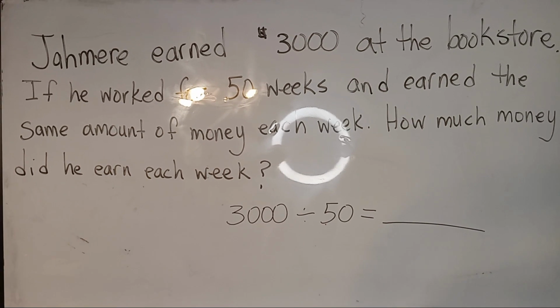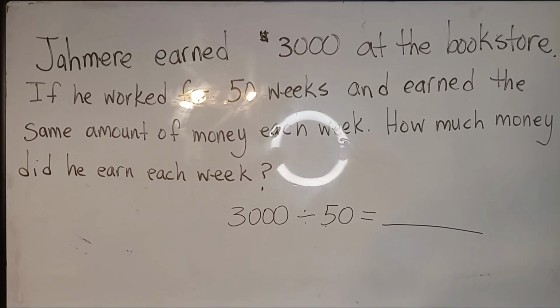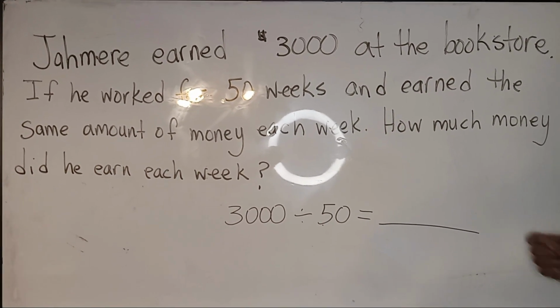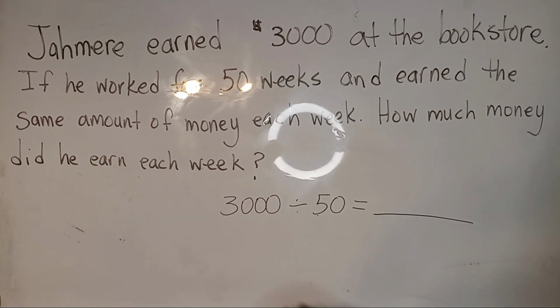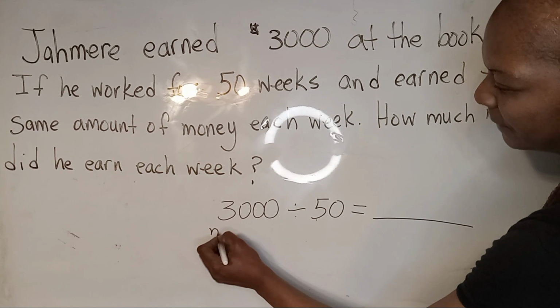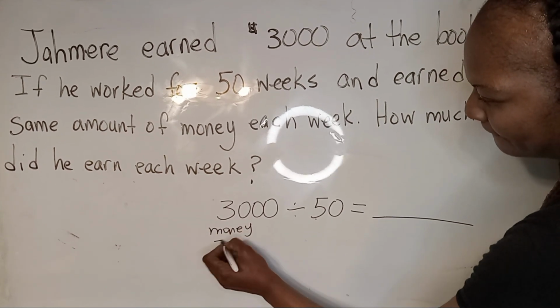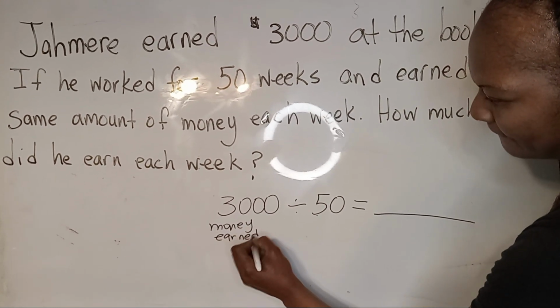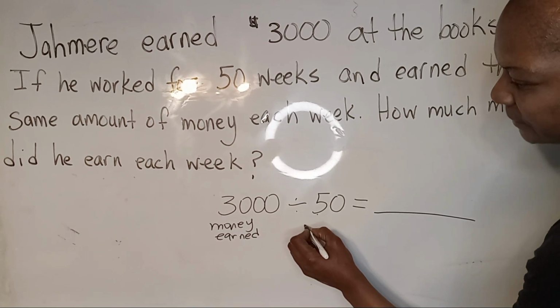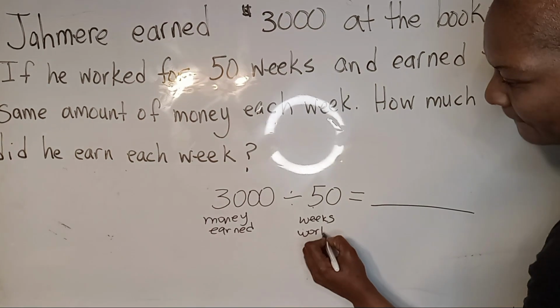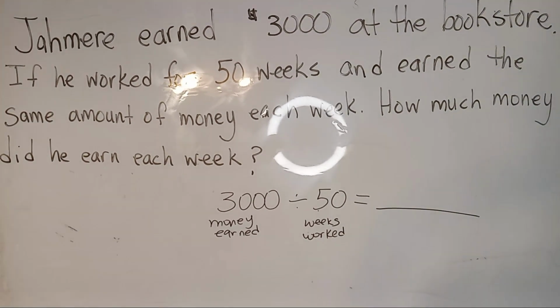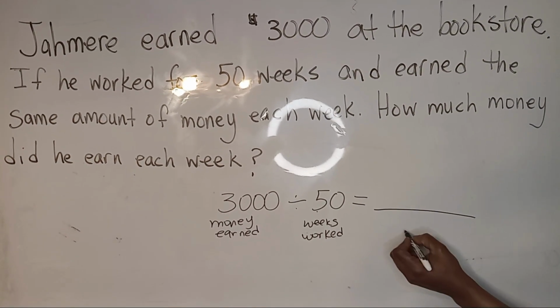This is the 50 weeks. We need to know how much he earned each week. So that's what the answer is going to give us. So this would be money earned, and this would be weeks worked, and then this is going to be how much he made.